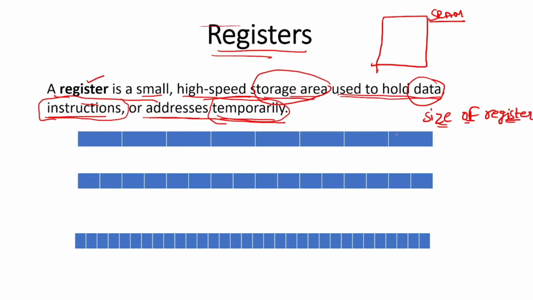Mostly we see the register size is 32 bit. Why 32-bit? Whenever you consider any machine or hardware, you may see this kind of thing: this is an 8-bit machine, this is a 16-bit machine, this is a 32-bit machine, and this is a 64-bit machine. 64-bit is a high-end machine which is very fast.